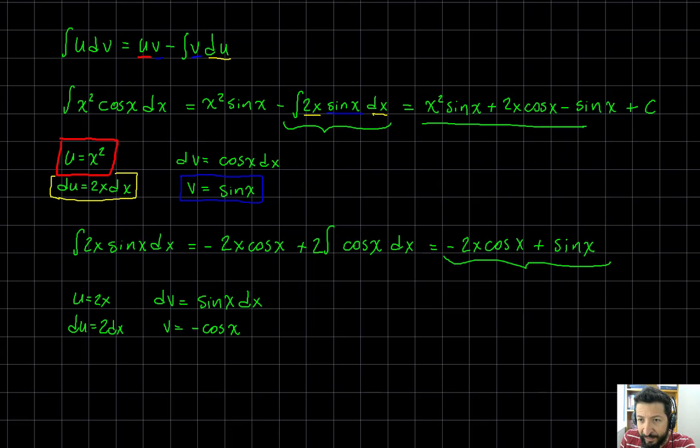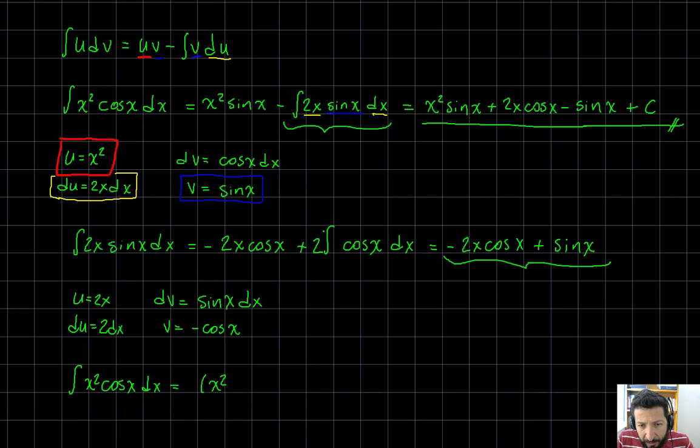Of course, I can still factor a sine and a cosine and make it a little bit nicer, but you can do it afterwards. So let's do it actually. Let's summarize it. So the integral of x squared cosine x dx, summarizing everything, is going to be the sine x multiplying an x squared.